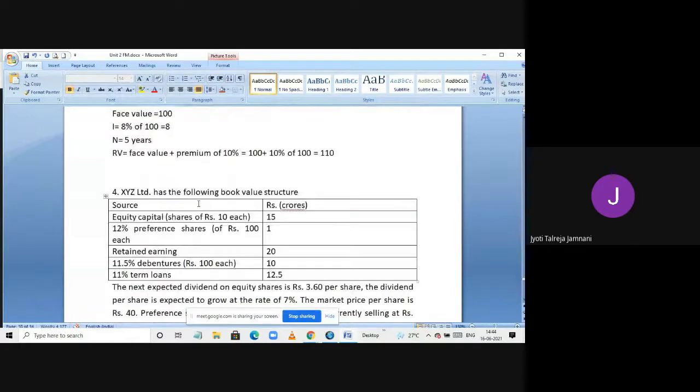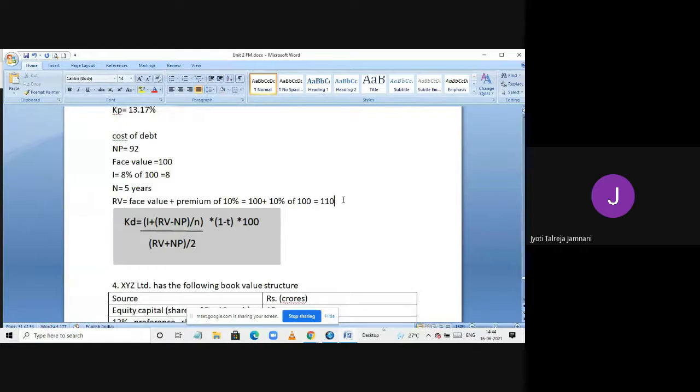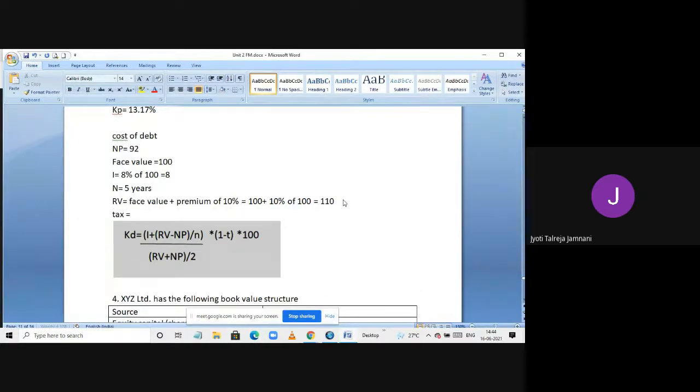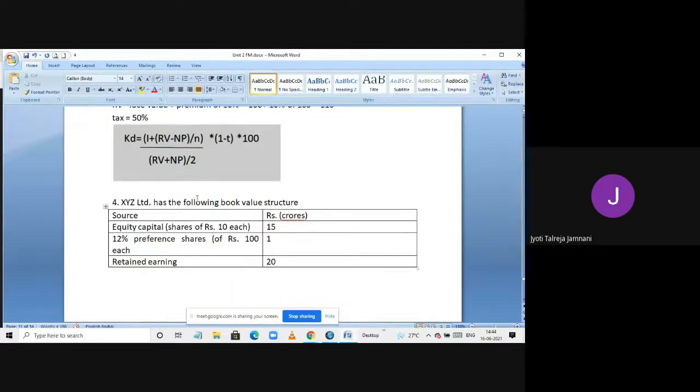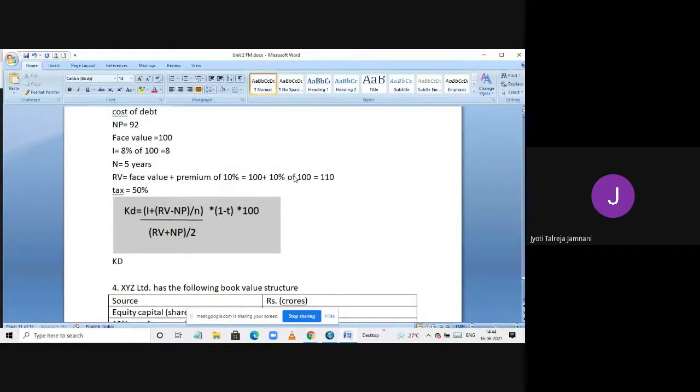Tax rate is 50% they have told, so we'll use that. So tax is equal to 50%. KD is equal to I, that is interest 8, plus RV minus NP.